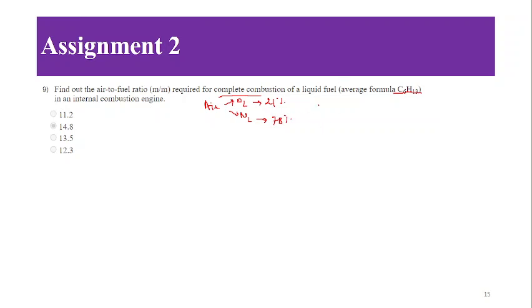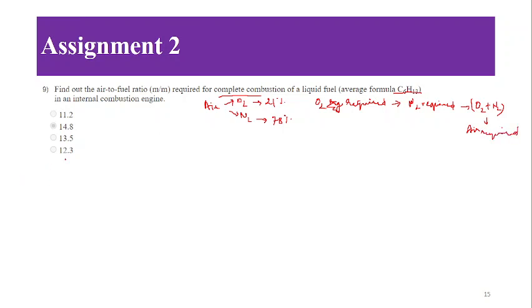So if we know how much oxygen is required, we can find out the N2 required, and then finally O2 plus N2 gives us the air required.